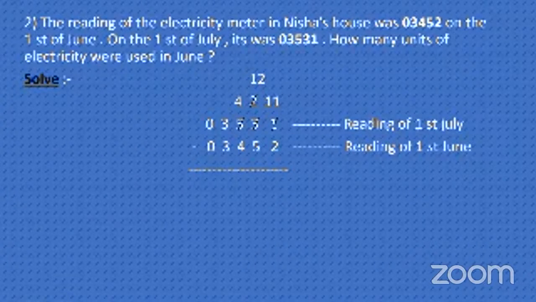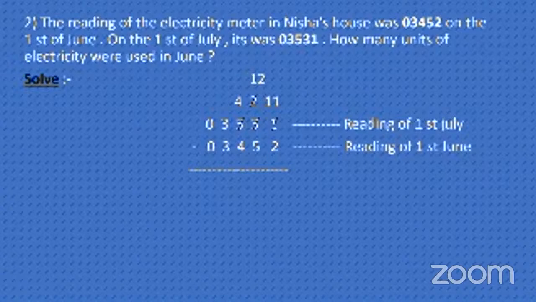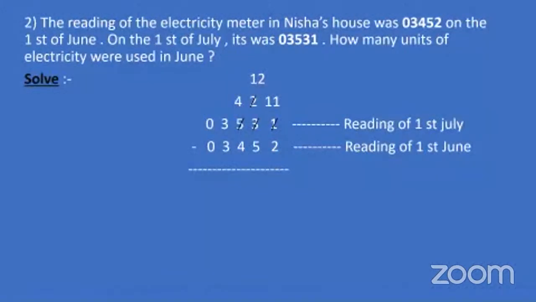See here, electricity reading is given of Isha's house. So which month is having the extra units? Can anybody tell? July month is having extra units, na? Yes. How many units are there?